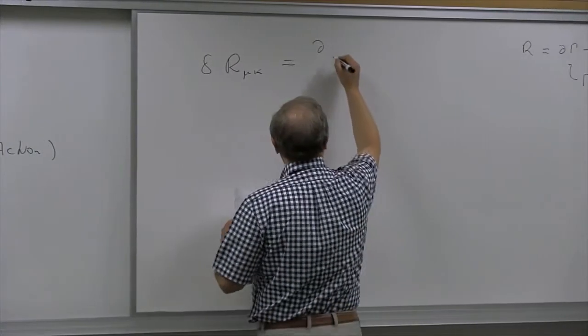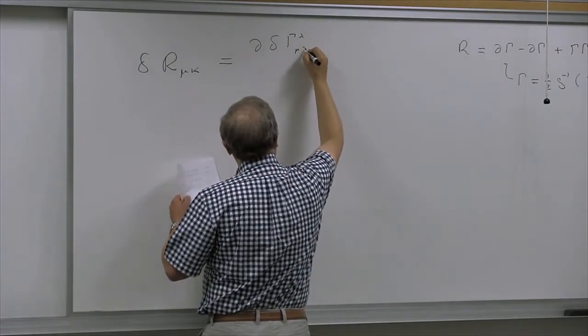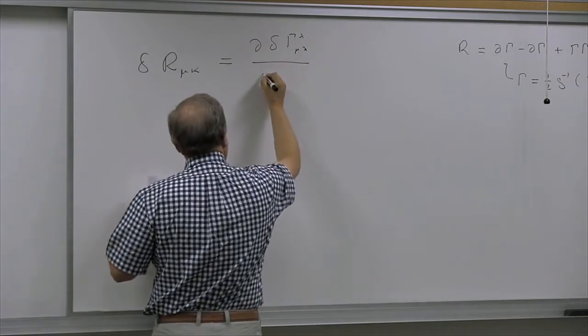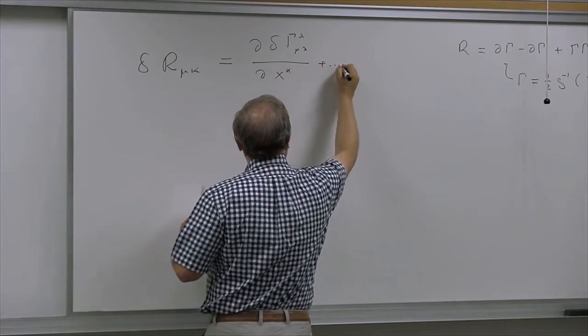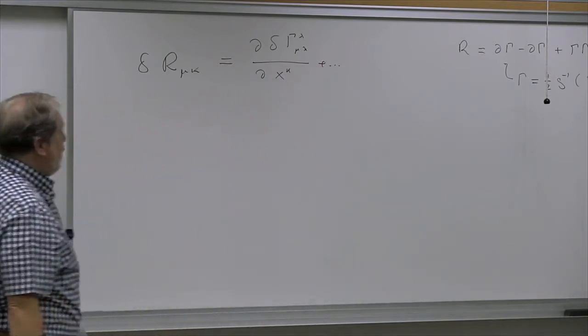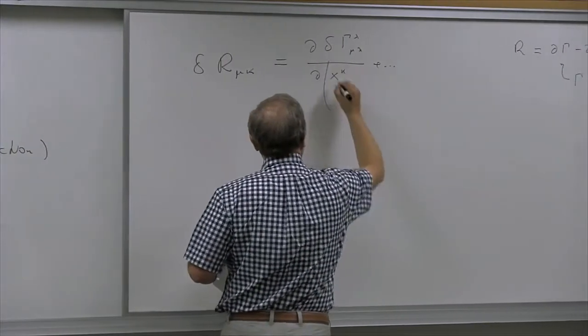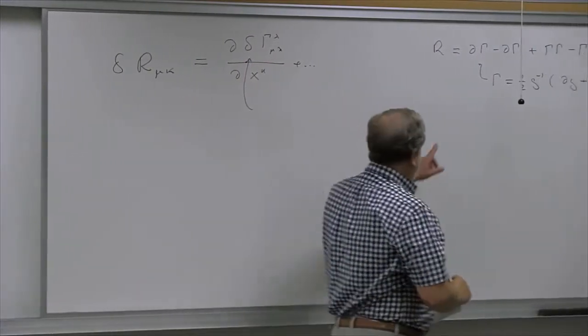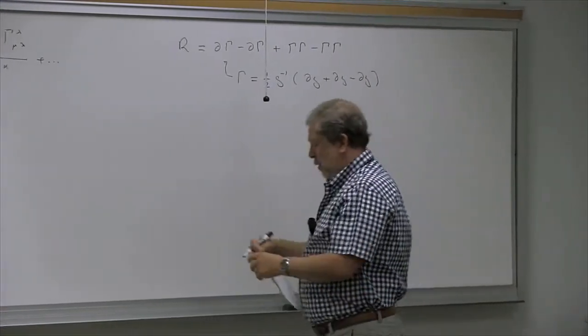And so this is the variation of gamma lambda mu lambda divided by dxk plus dot dot dot, right? So there's a number of other terms. And in this expression here, we have to stick the variation in gamma that we get from varying this whole expression, right?